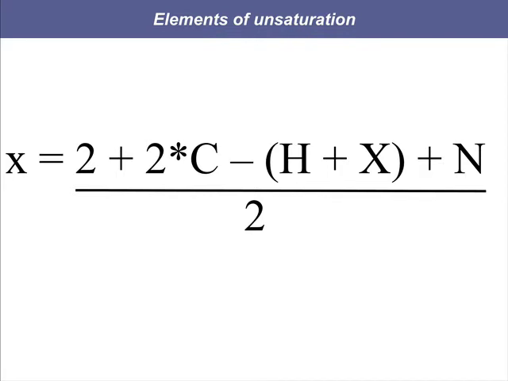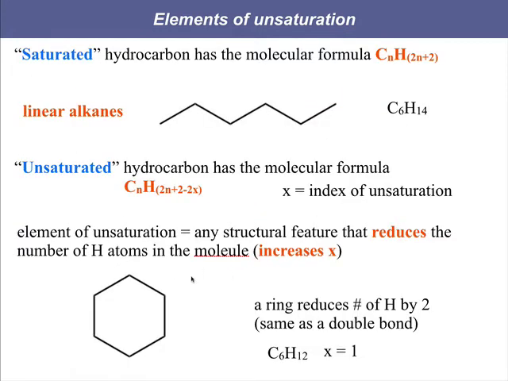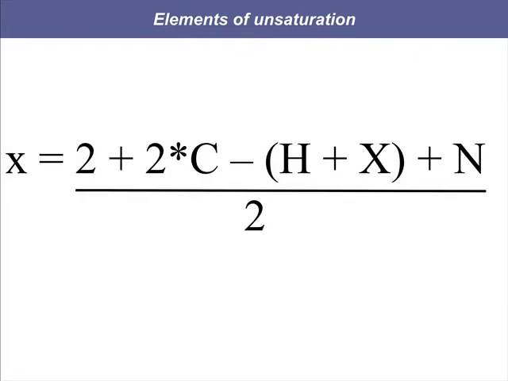If you want, go back and apply this formula to any of these other molecular formulas that we looked at, C6H12O, C4H8O, C4H9N, plug them into this equation, and you will get the number of elements of unsaturation. This is the most math that you're ever going to have to do in organic chemistry.